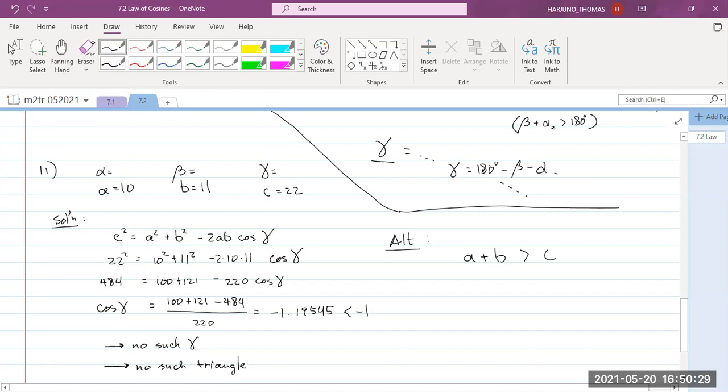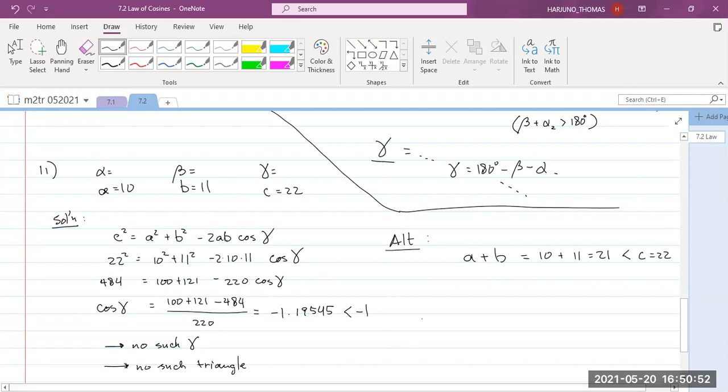Notice a plus b equals 21, which is less than c, which is 22. That's a violation of triangle inequality.